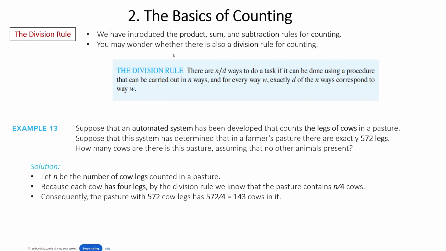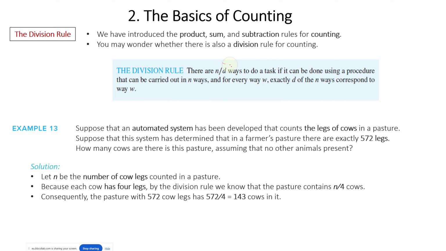Now the last one is the one that can be a little bit confusing because of the way it is written and what is said as well. It's not actually very easy to follow. But let's say, okay, if there are some X ways to do a task, and the task can be done using a procedure that can be carried out in multiple different ways, and for every way, exactly n of those ways correspond to the same outcome.